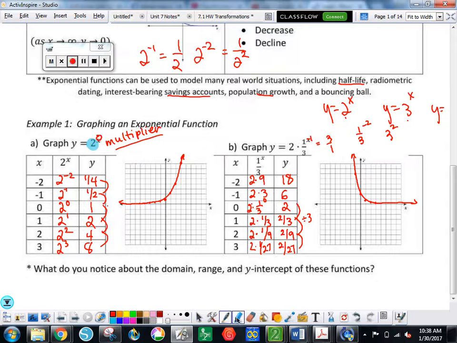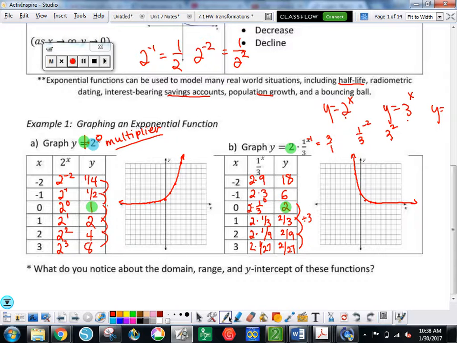A couple things I'd like to point out. This number right here, at the 0, that shows up, right? Did it happen here? So what number would be in front of the 2 if I had one? It would be a 1 times, right? Is my starting spot a 1? Yeah.